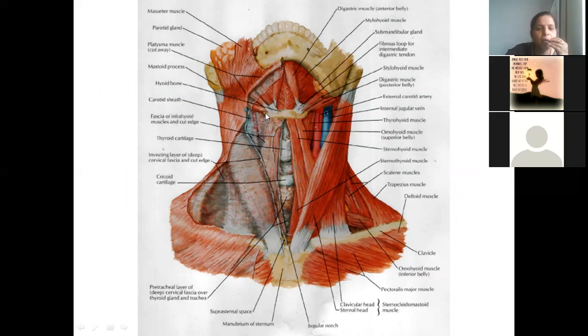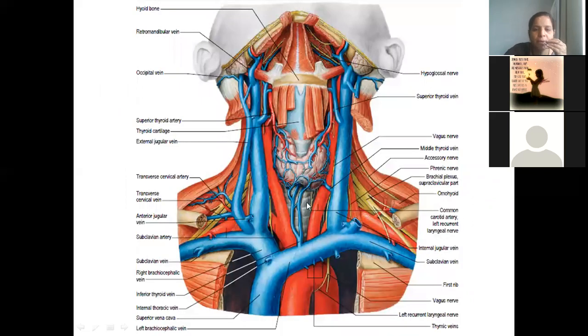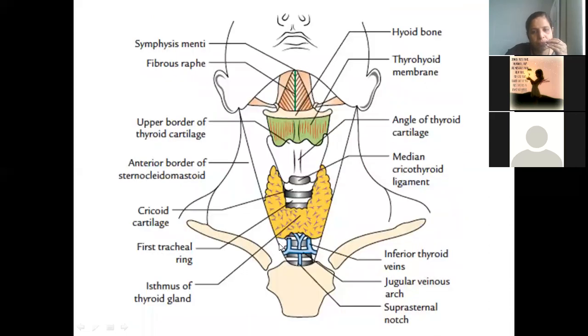Below the hyoid you call them the infrahyoid group of muscles. Once you cut these ribbon muscles, the infrahyoid strap muscles, you will see deeper structures: the thyroid gland, trachea, inferior thyroid vein, pretracheal fascia, cricothyroid ligament and all.